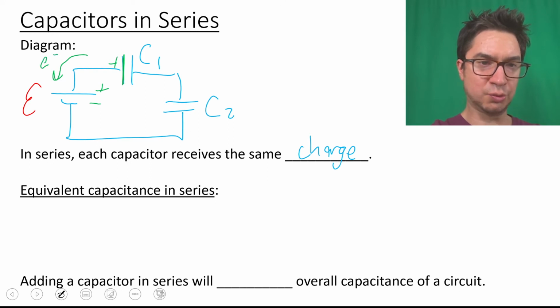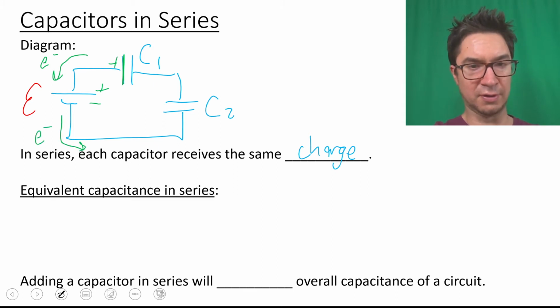Electrons, e minuses, will be drawn towards the positive terminal. Likewise, electrons will be pushed away from the negative terminal of the voltage source. So if the electrons get pushed away this way, that means this plate over here is going to be mostly negatively charged.